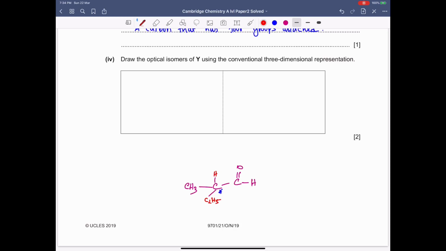Then the central carbon: dash, and then dotted. The opposite one is going to be dotted first.